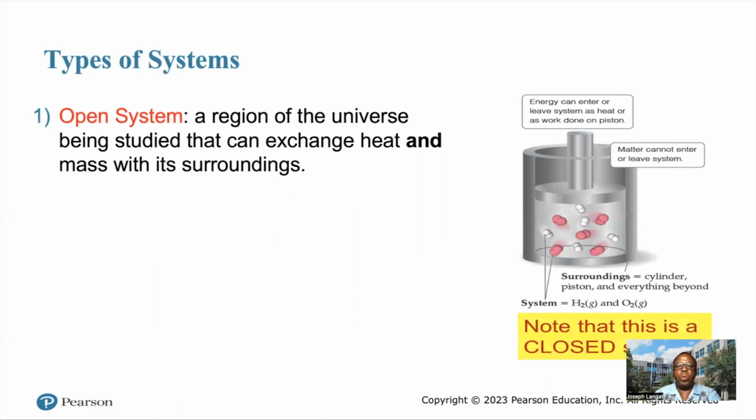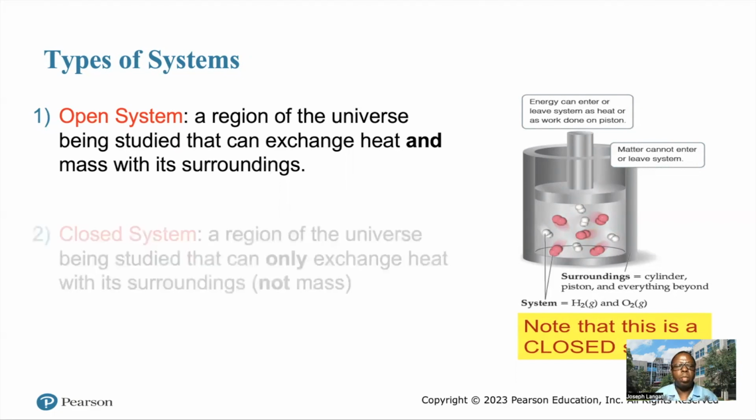There are two things you need to remember, which we use in classifying the system. Is it losing both heat energy and mass? Heat and what? And mass. If it is losing both, we talk about an open system. Heat can escape, mass can escape as well.